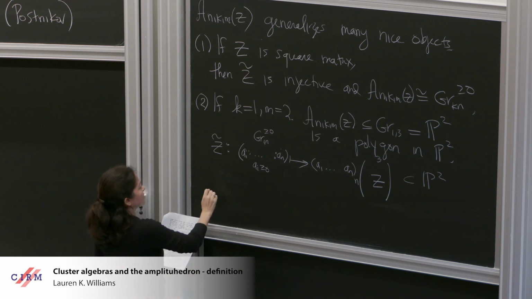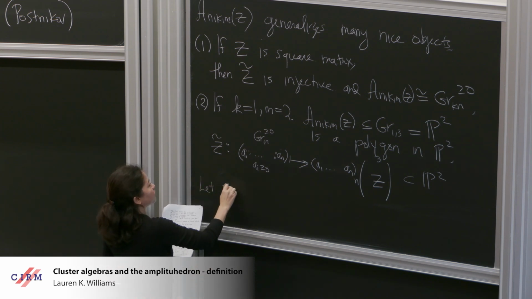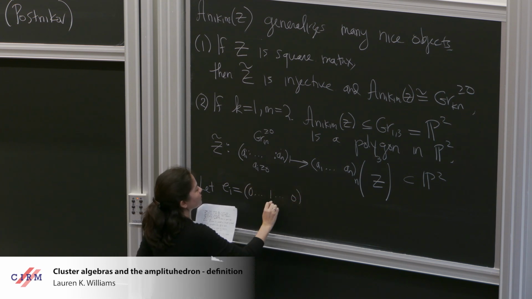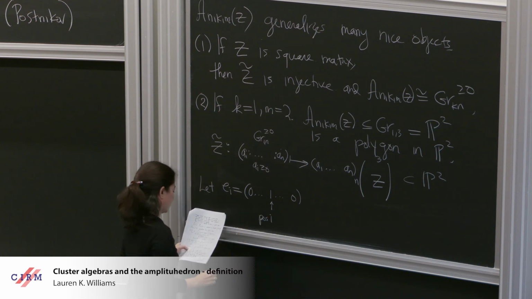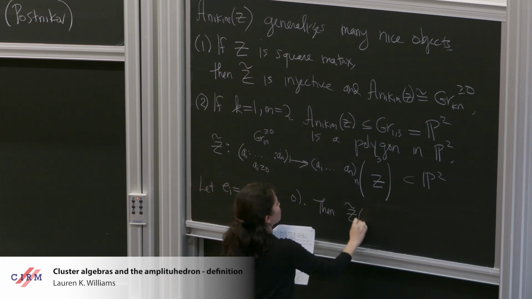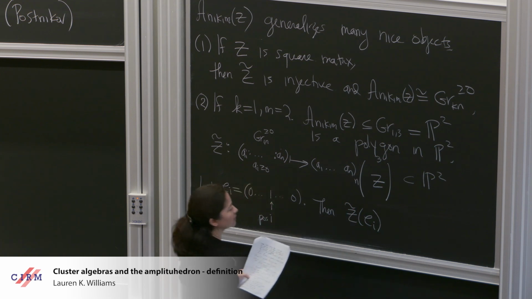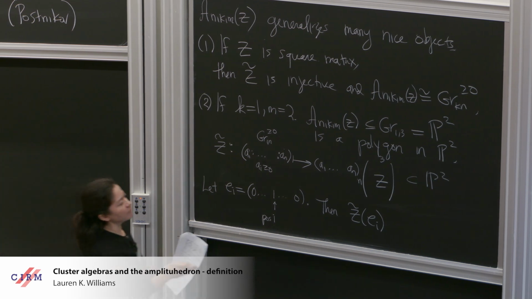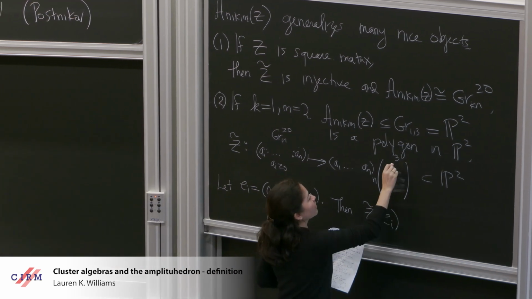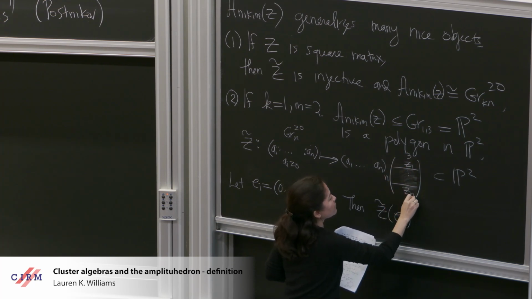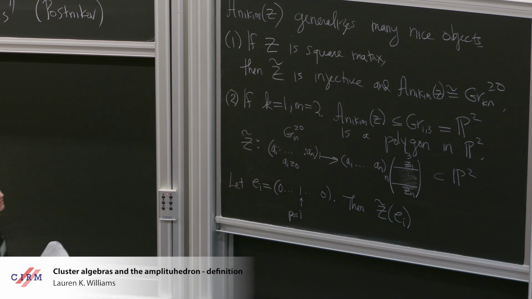And now notice that if I use e_i to just denote the 0, 1 vector with a 1 in position i, then Z tilde of e_i is just going to be the ith row vector of Z. So let me actually write out the rows of Z. I'll call my rows Z1 through Zn.